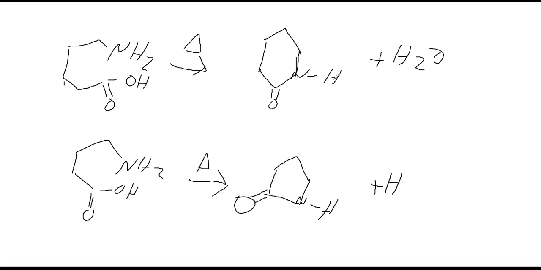So we can make cyclic lactams by reacting an amine with an acid.